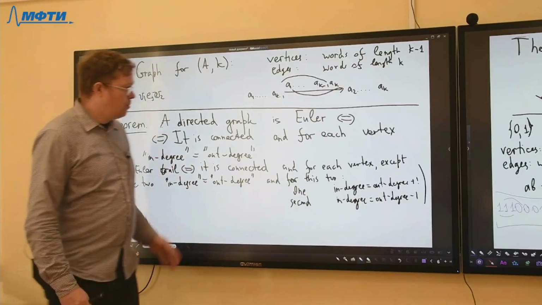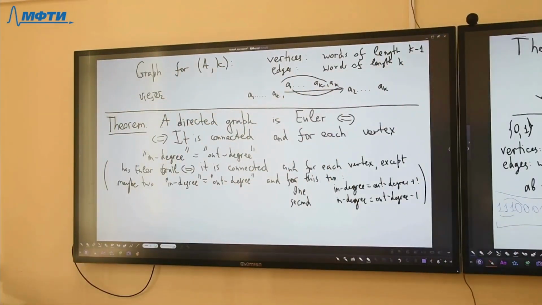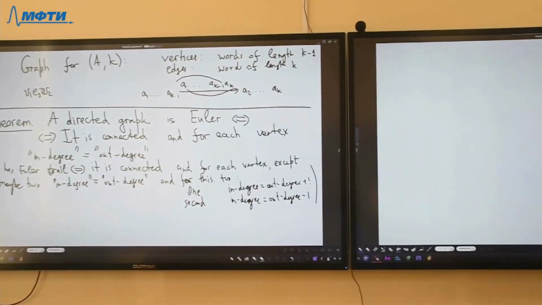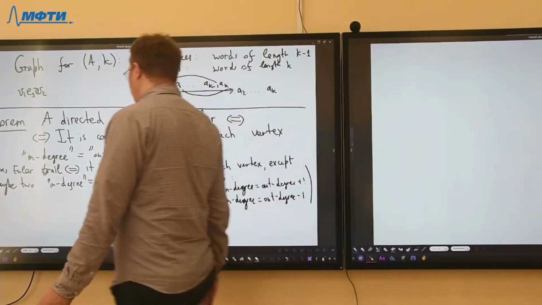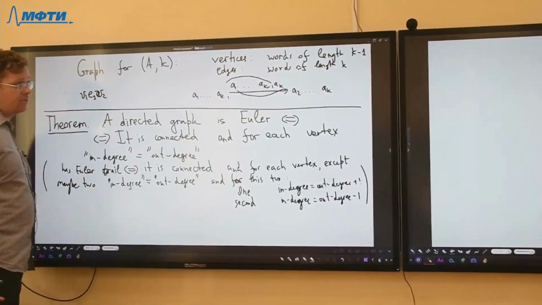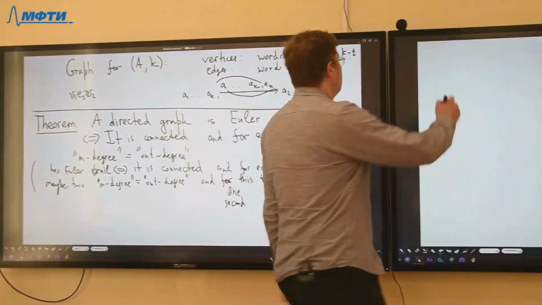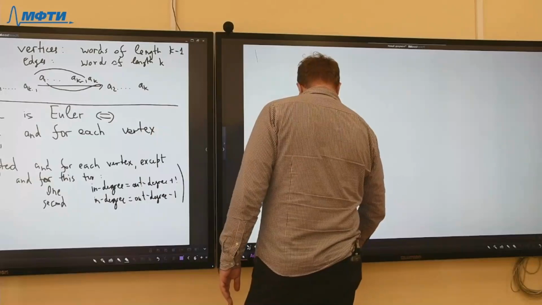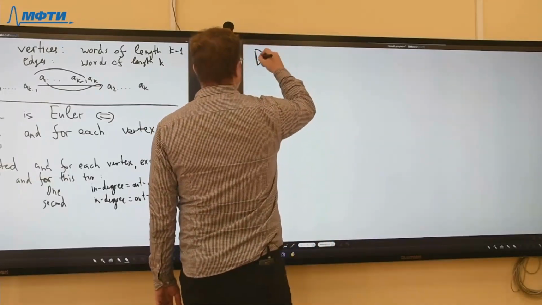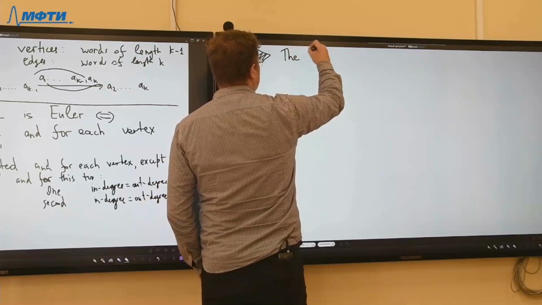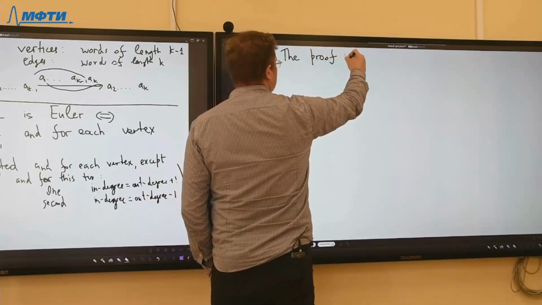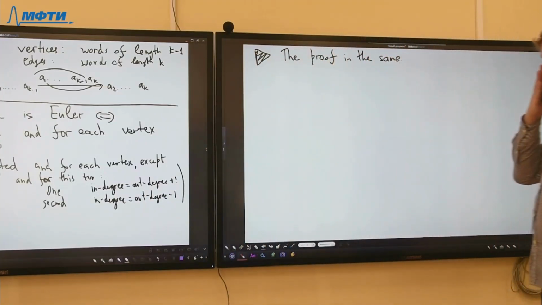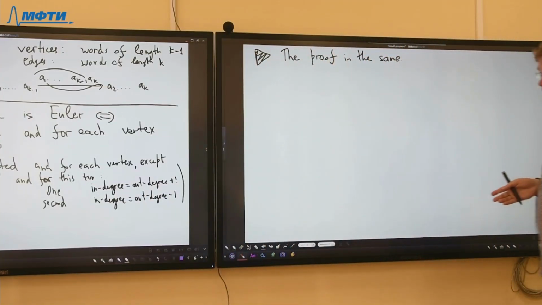So okay, what about the proof? The proof is similar to our first theorem about Euler graphs, but I'll just say a few words about it. So I will just go through the proof and make a few comments.